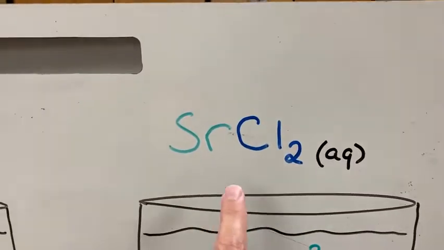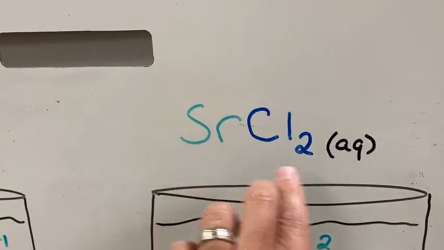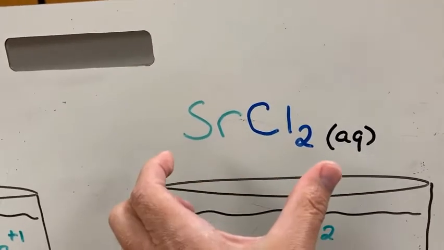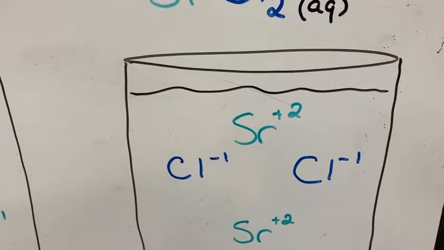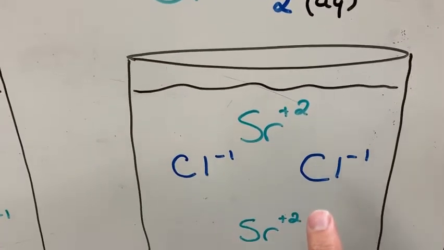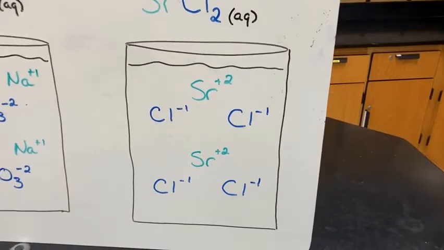However, we know the molarity for this. It is 0.3 molar. Just like before, the AQ means that the water has dissociated these ions into their separate pieces, in a mole ratio of 1 strontium ion to 2 chloride anions. And of course, that would repeat in order to make a 0.3 molar solution.